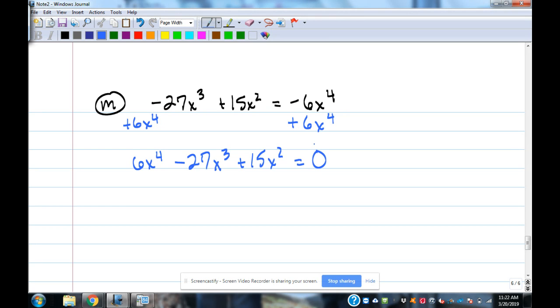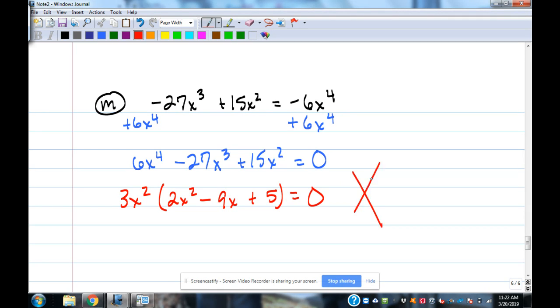Now what? 3 goes into 6, 27, and 15. How many x's do they have in common? x squared. So 3x squared is your GCF. And then we have 2x squared minus 9x plus 5. What about this part?